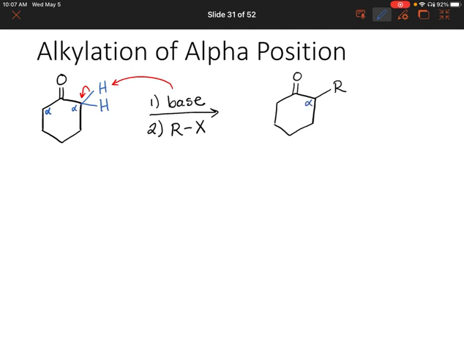So again, once that base attacks or takes the alpha proton, we get this intermediate. So we have an enolate.